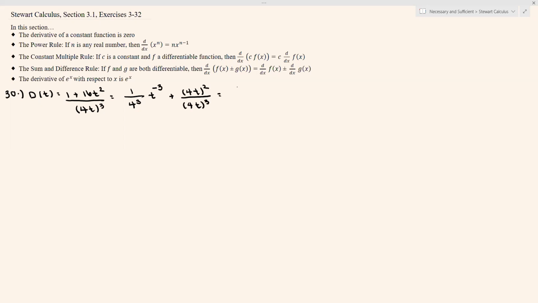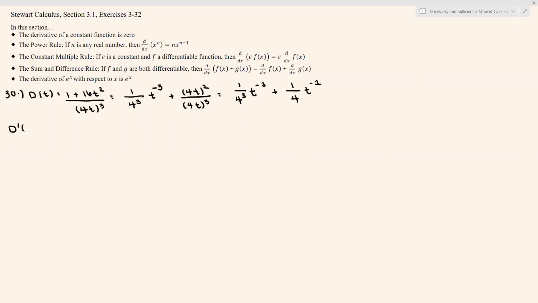So we can simplify this once again as 1 over 4 cubed t to the negative 3 plus, and we're left with 1 over 4t in the denominator, but I will write this as t to the negative 1.